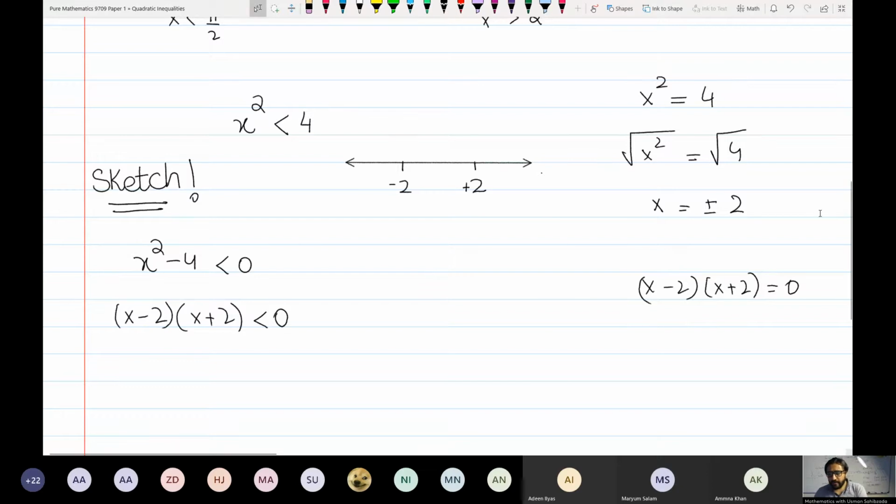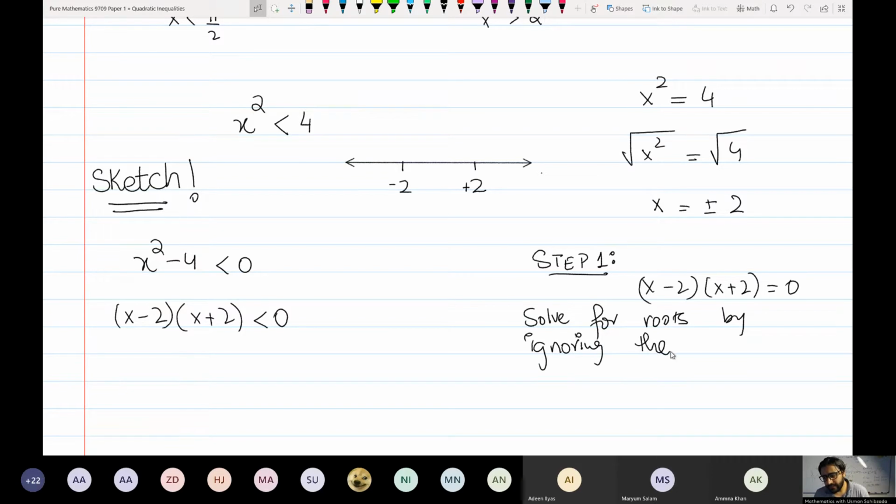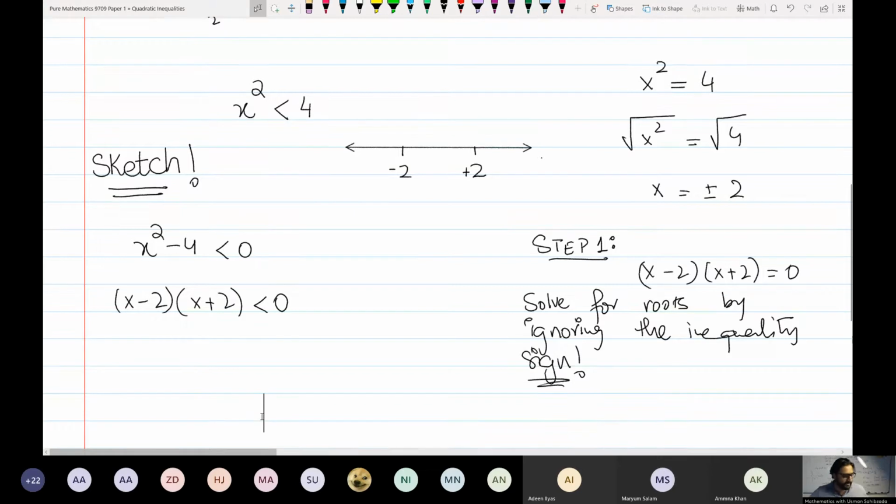So step number 1 involves solving for roots by ignoring the inequality sign. That's the first step, because we need the roots in order to sketch. I'll write that down.